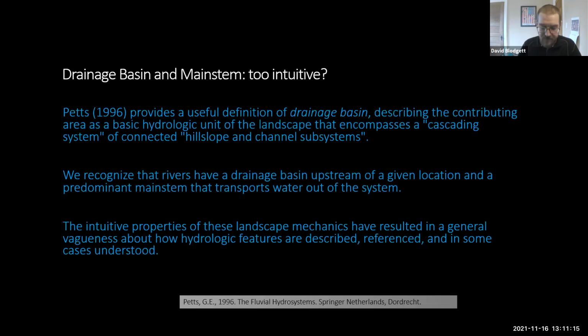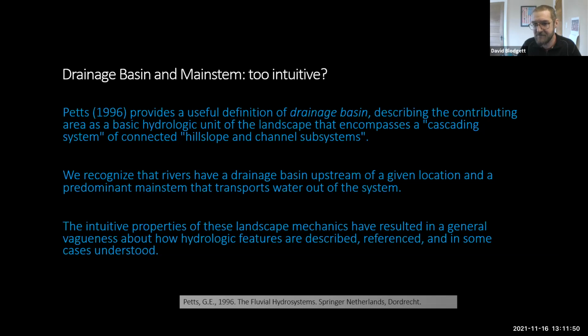That sent me down this rabbit hole of where's a tight definition of the idea of a drainage basin, or a watershed? This book, The Fluvial Hydrosystems, which is more of an ecological perspective on fluvial systems, provides a really nice definition where a drainage basin is described as a cascading system of connected hill slope and channel subsystems.